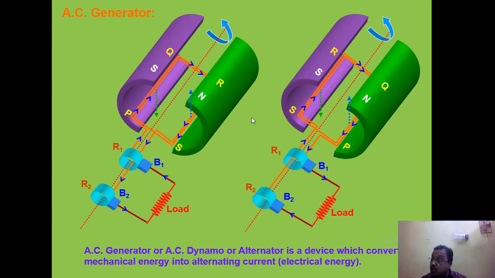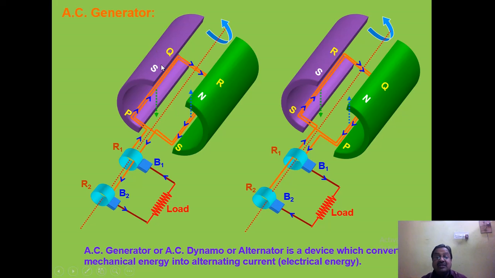The core is used, as I have already told you, to increase the effective magnetic flux linked through the coil. Now, the armature can rotate in between the pole pieces of the magnet. This blue color is the south pole piece. The north polarity is represented by the green color. N stands for north, S stands for south. So the armature is capable of rotation in between the two pole pieces.